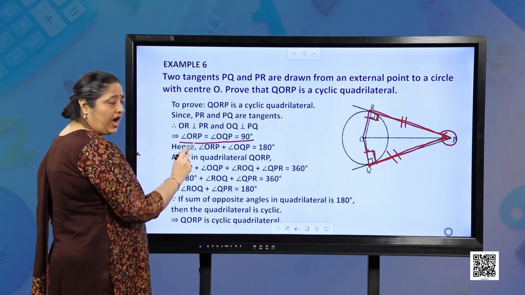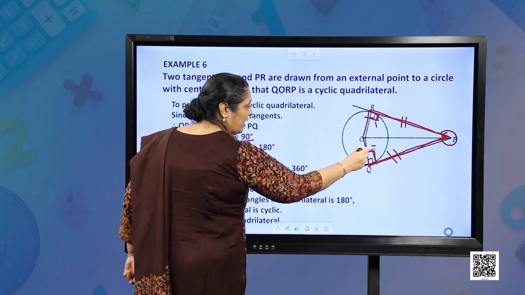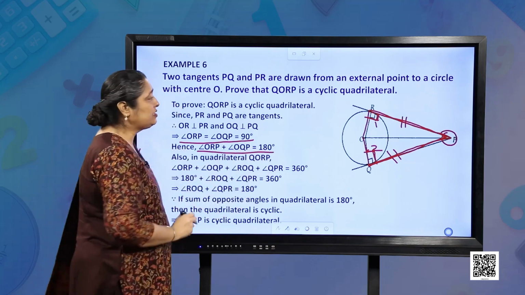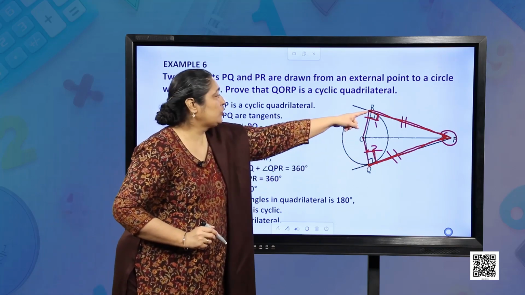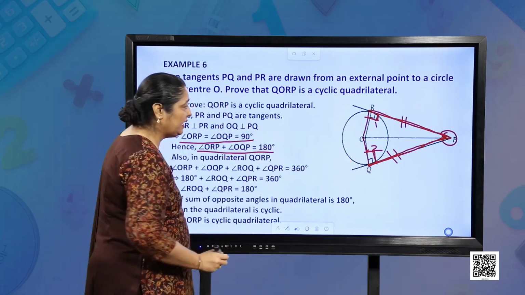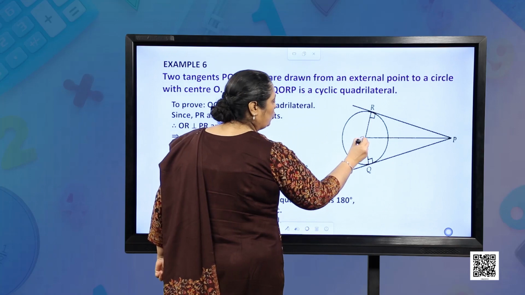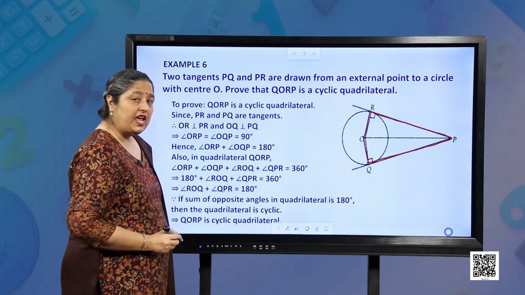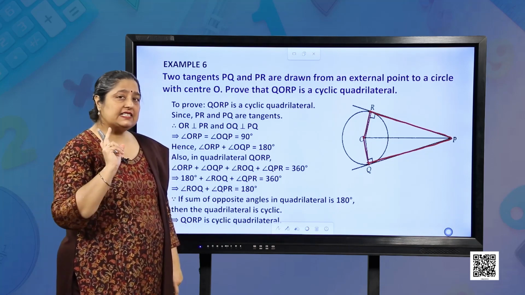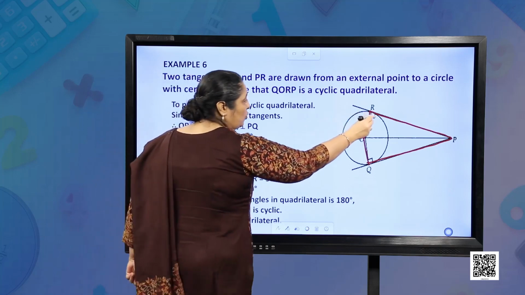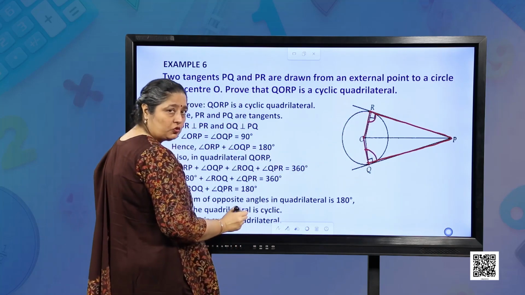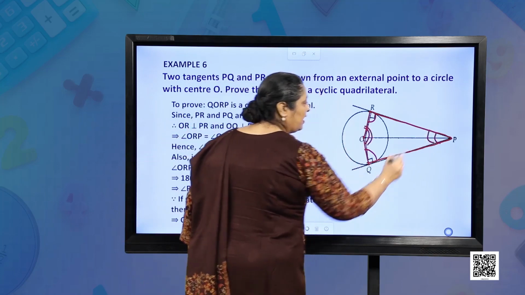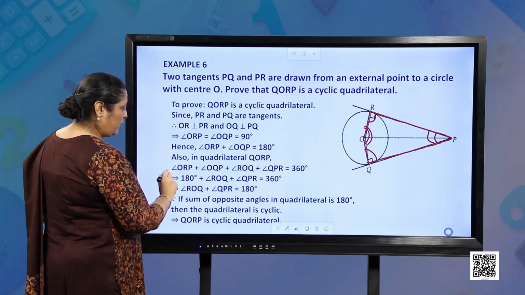Now, angle ORP plus angle OQP is 180. Why 180? Because each one of them is 90 degrees. Now, we see that OQPR is a quadrilateral, and what is the sum of angles in a quadrilateral? It is 360 degrees. Since these two angles have 180 as their sum, what is the sum of the other two angles?